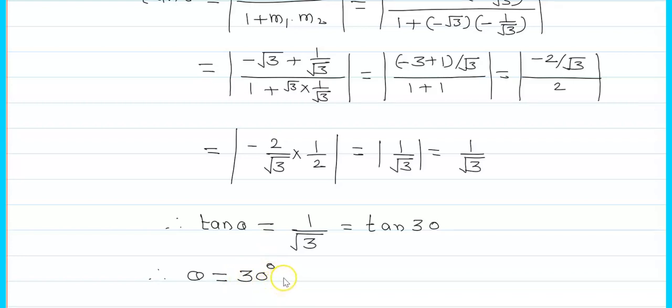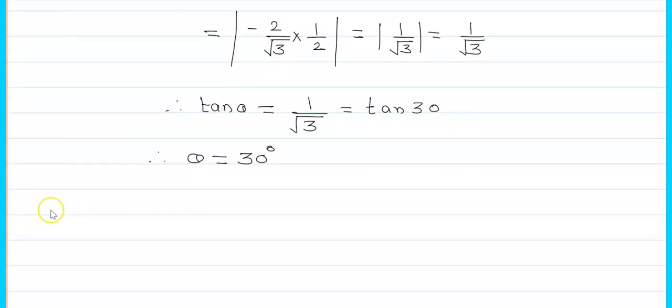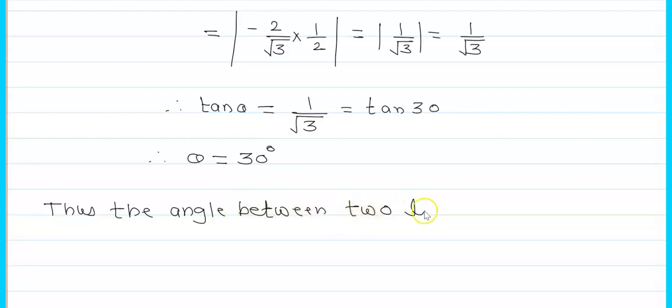Thus the angle between the two lines is 30 degrees or 180 degrees minus 30, which is equal to 150.